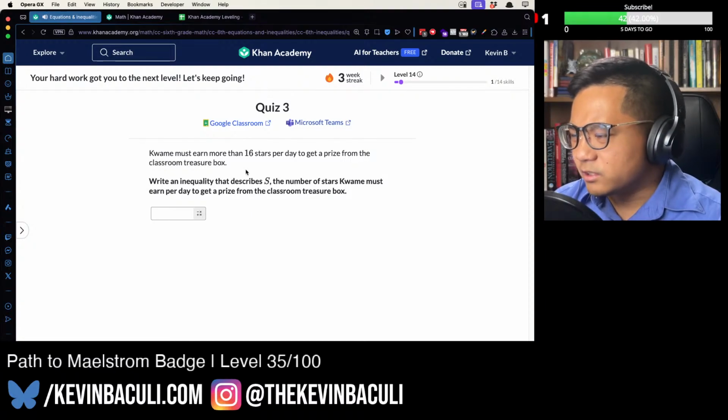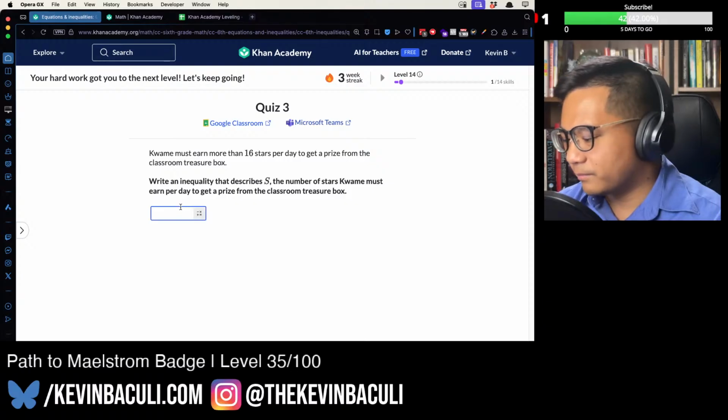Kwame must earn 16 stars per day to get a prize from the classroom treasure box. Write the inequality. S is the number of stars he must have each day.